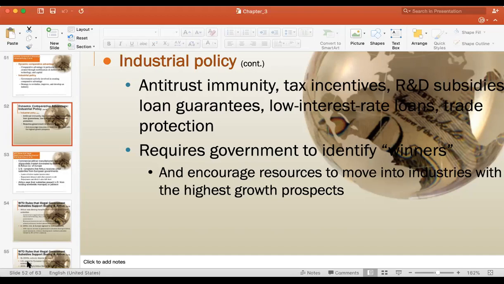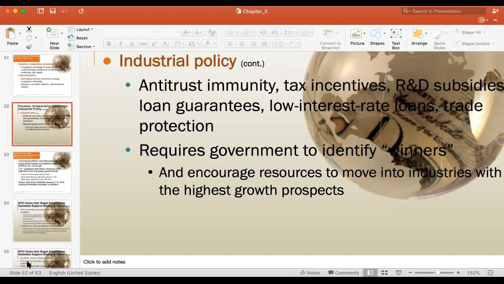And once they do that, then they can implement those industrial policies accordingly by giving antitrust immunity to corporations, tax incentives, R&D subsidies, loan guarantees, low interest rate loans, trade protection. All of these things are part and parcel, if you will, of industrial policy.